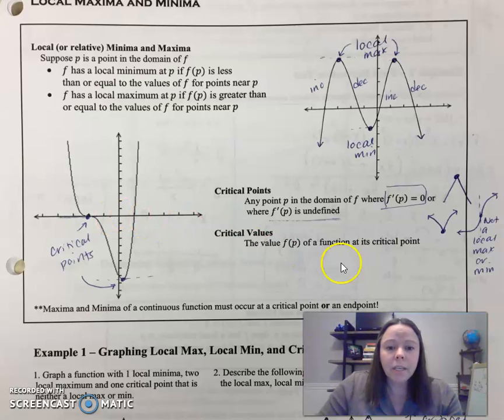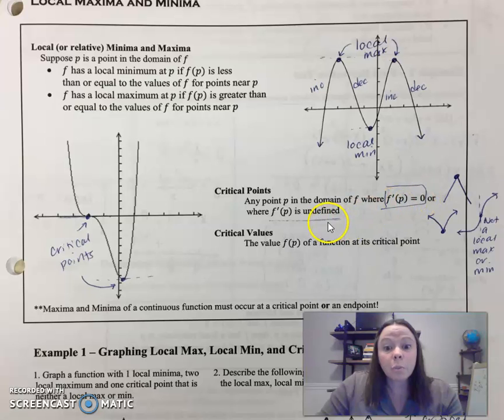Okay. Now, it also says the derivative is undefined. So over here, you've got your absolute value graph. We call this a sharp turn. It's not a mathematical term, but we're describing what's happening. So it's a nice sharp turn. And you can see that this point is actually a local max. That point is higher than all the other points around it.